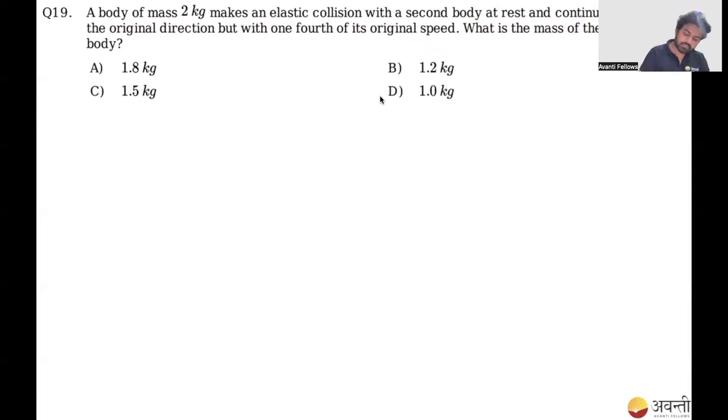Very simple question. So there is a body which is of 2 kgs moving, let's say, with a velocity of v. It collided with another body which is having a mass of m and whose initial velocity is 0. And after collision, this is the before scene, this is the after scene.